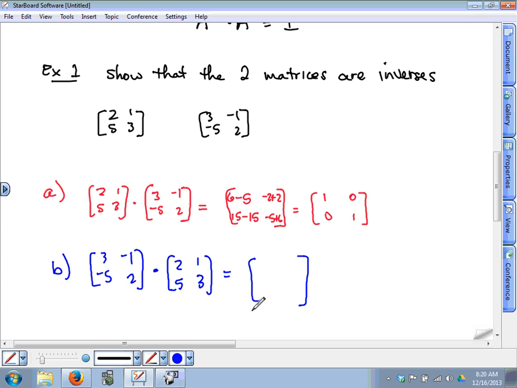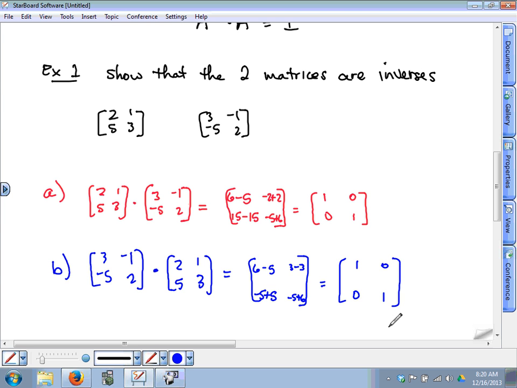Does the second one work? Yeah. This one's going to be 6 minus 5. This entry down here is negative 5 plus 5. This entry here is 3 minus 3. And this entry here is negative 5 plus 6. So we get 1, 0, 0, 1.